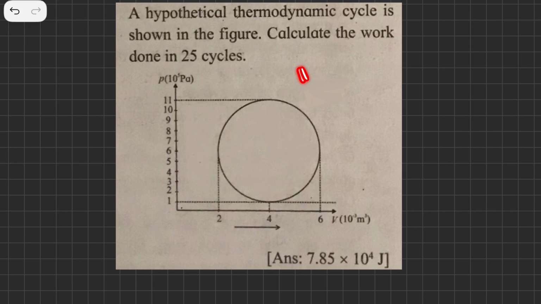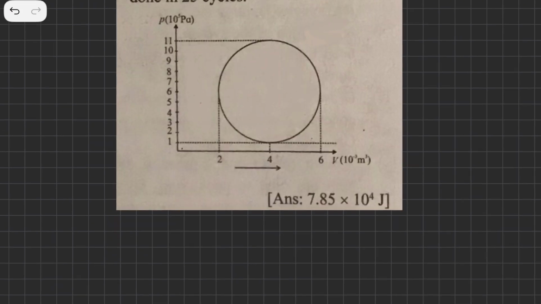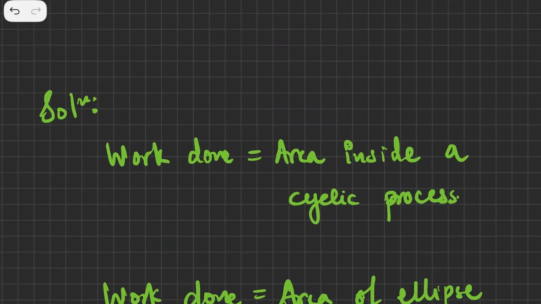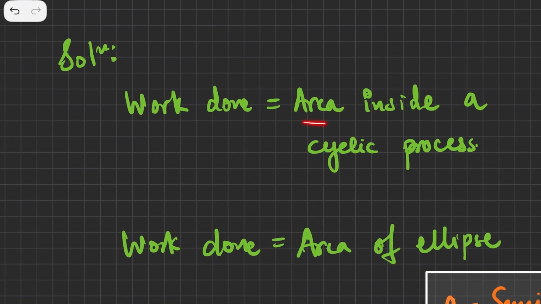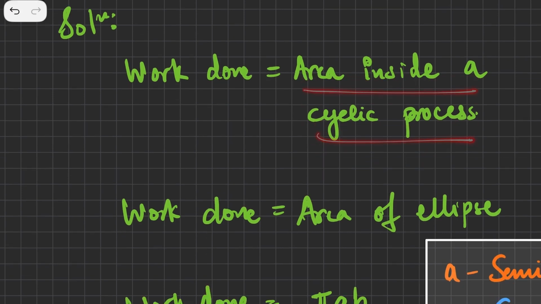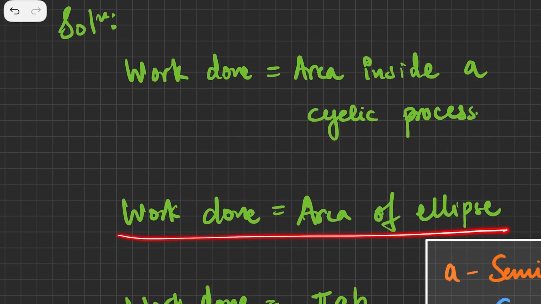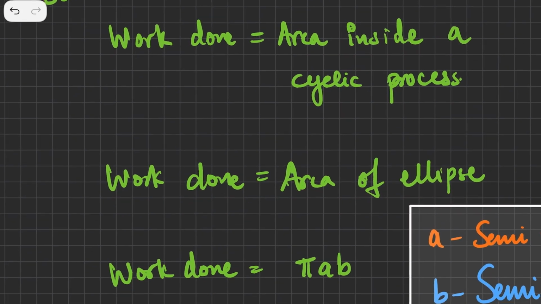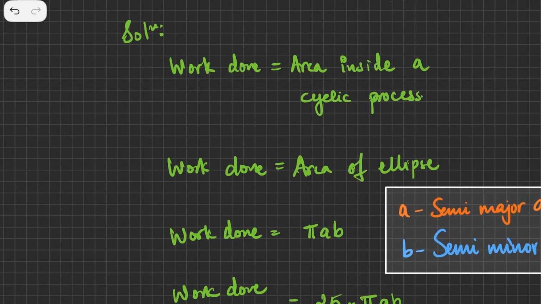Area of an ellipse is pi into a into b, where a and b are the semi-major axis and semi-minor axis. Be with me in the video and you will understand what a and b mean. Now let's go ahead. Work done is equal to the area inside the cyclic process, so work done is the area of the ellipse, because that shape is an ellipse. That's one of the key criteria we should note.